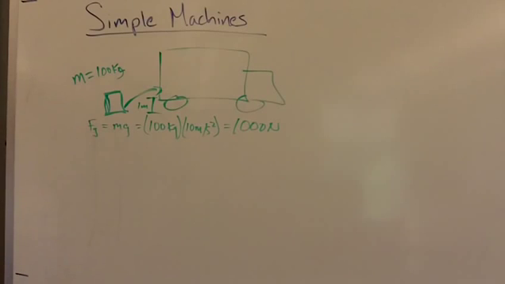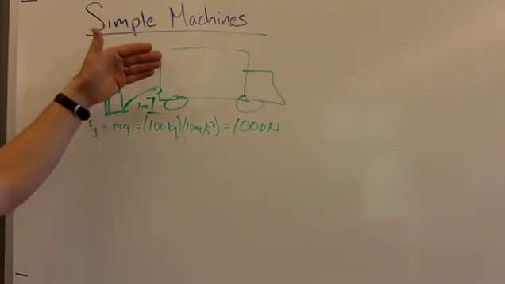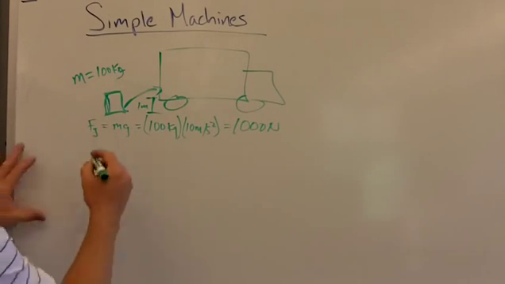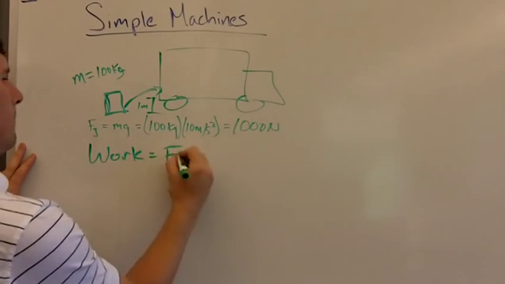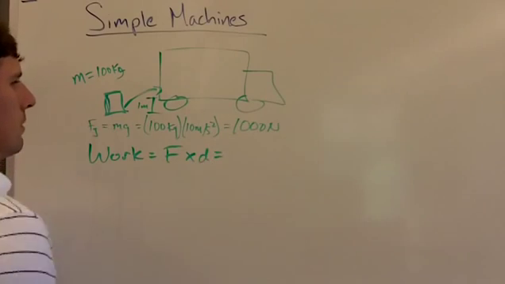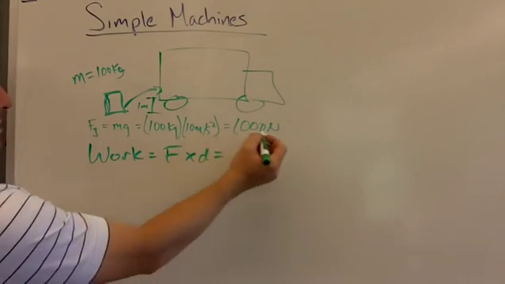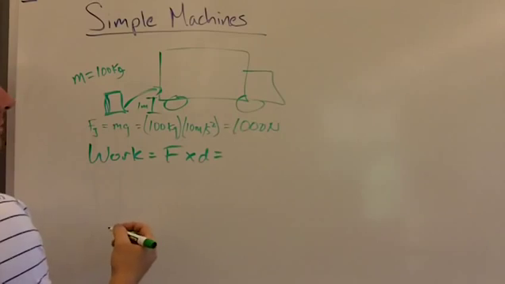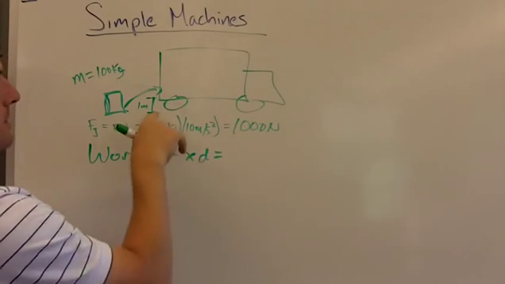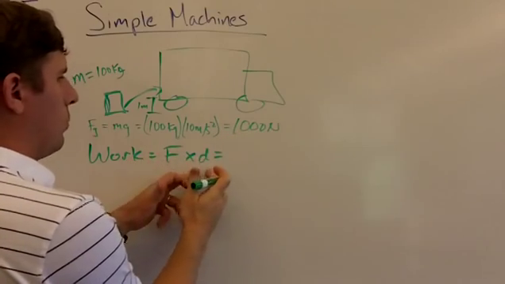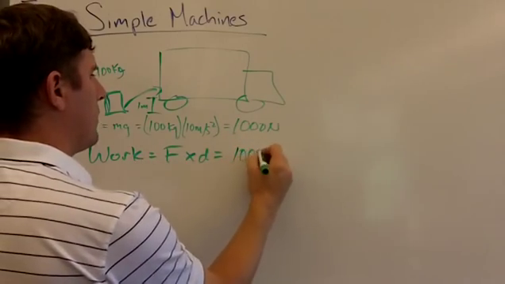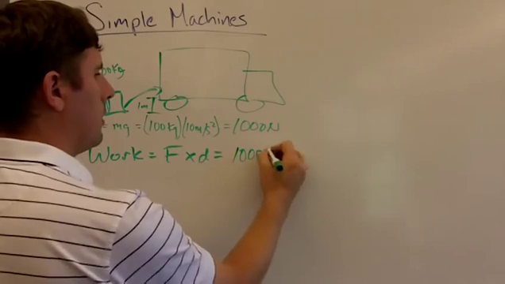So that's 1,000 newtons that we have to lift 1 meter. The work is force times distance, the weight of the refrigerator times the distance we have to lift it, 1 meter. So 1,000 times 1 equals 1,000 newton meters, which we call joules.